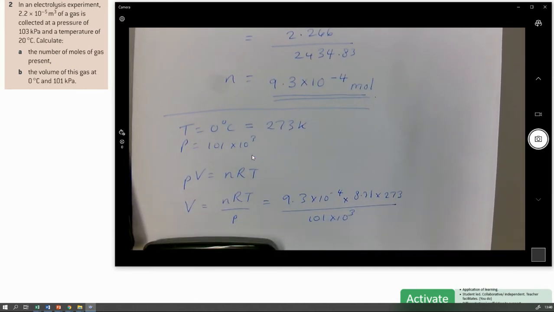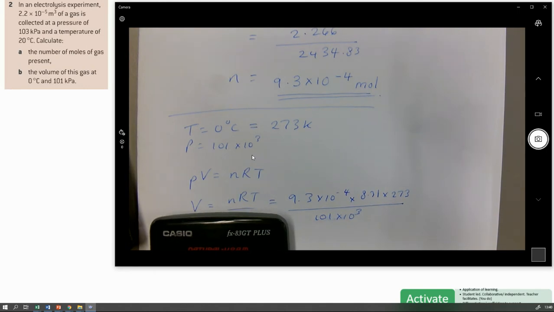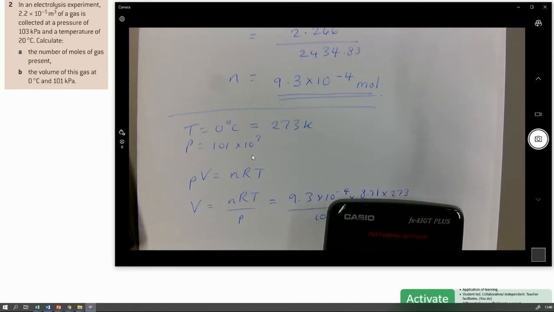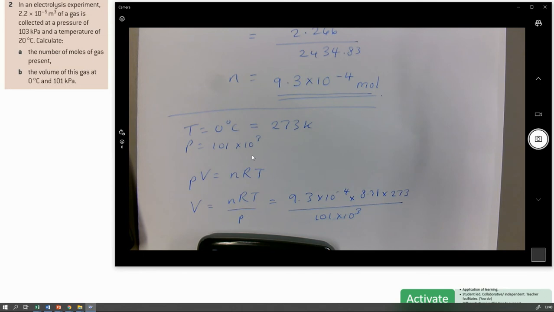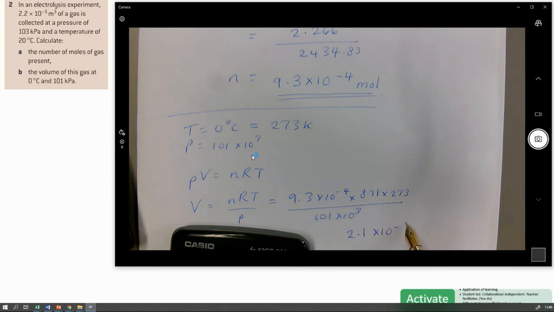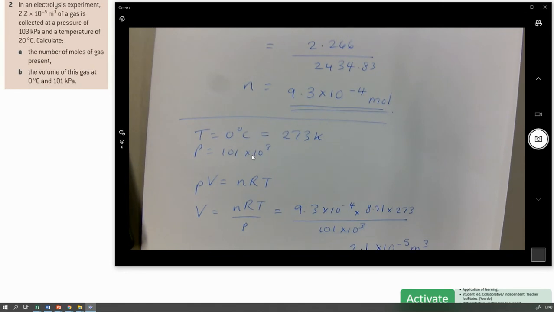Okay, let's do this. 9.3 times by our friend, the gas constant, times by the temperature, that equals that. Divide that by the bottom line. Equals. And I get an answer of 2.088. The 2.1 times 10 to the minus 5 meters cubed. And that is my volume.